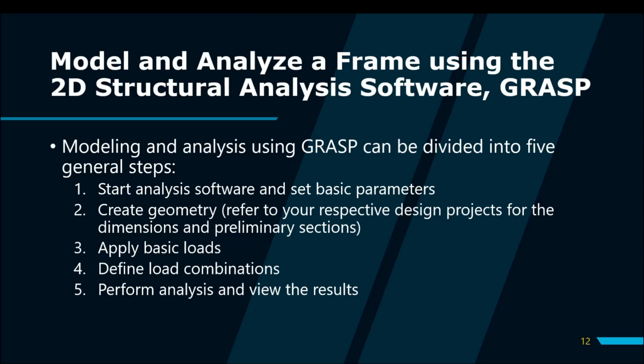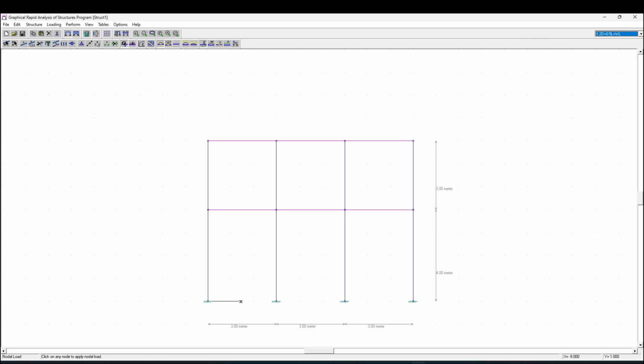So we now proceed with the fifth and final step for our modeling and analysis using the graph, which is perform analysis and view the results. Alright, going back here in our model, to carry out the analysis using perform and then click self-load calculation so that we can include our self-load and analysis.